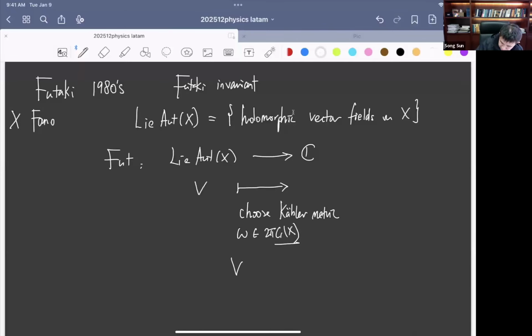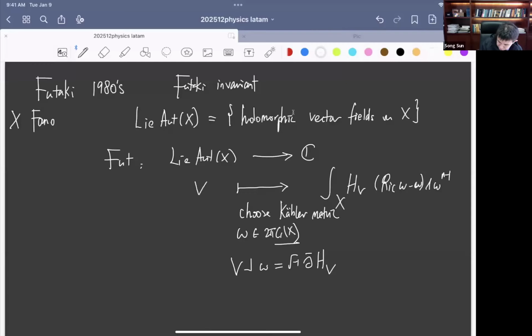Then V will have a complex Hamiltonian h_V. The Futaki invariant is defined as the integral of h_V times (Ric omega minus omega) wedge omega to the n minus 1. It's slightly complicated, but the point is that if you choose omega to be Kähler-Einstein, then this has to be 0.